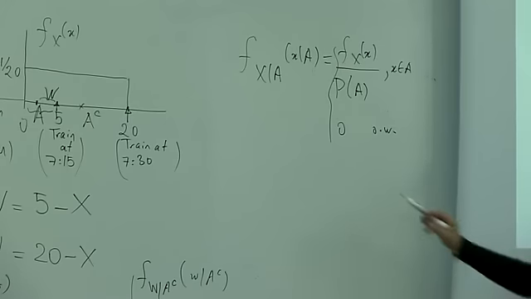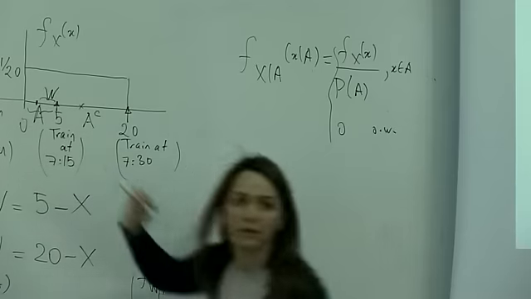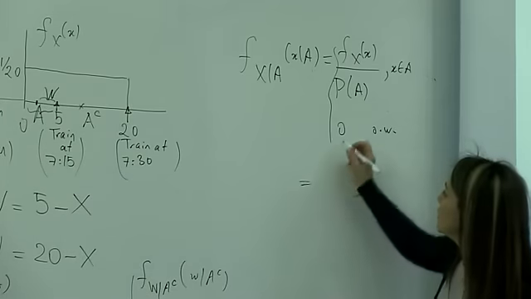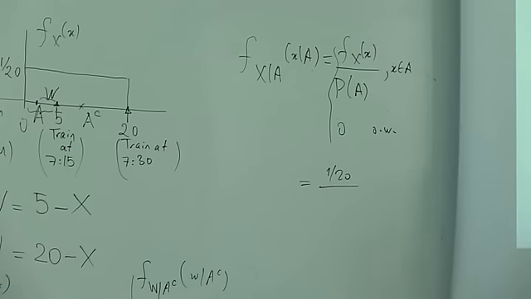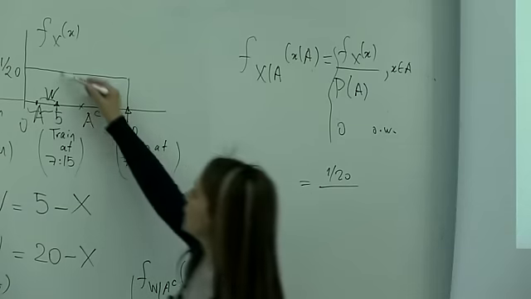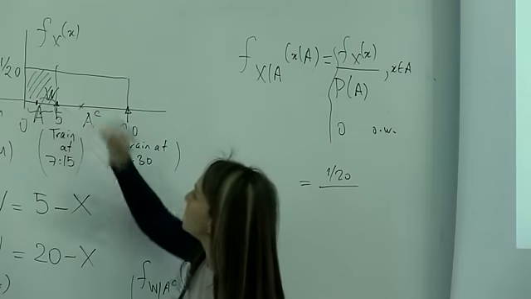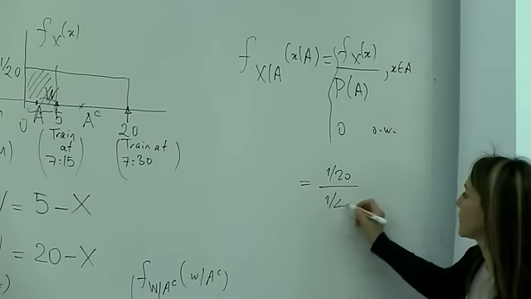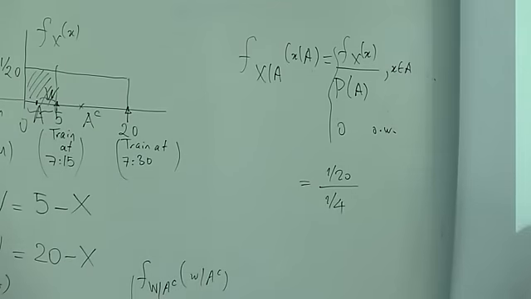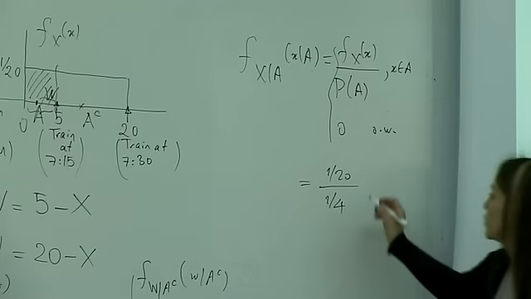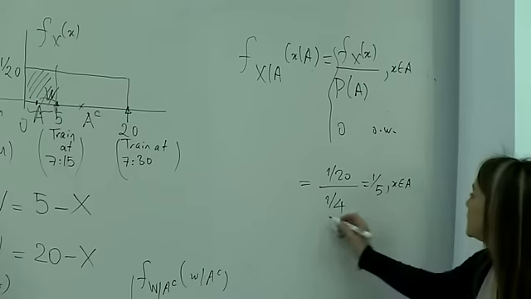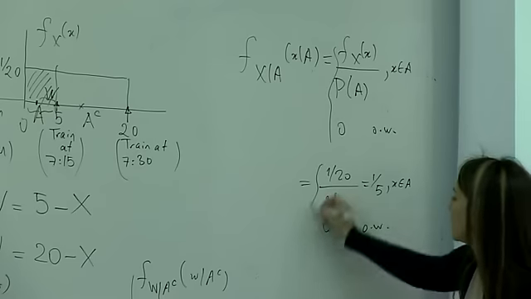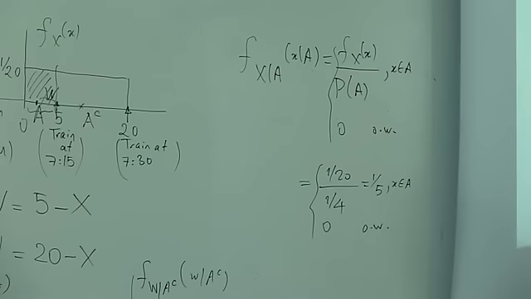It's 1 over 20. So it's 1 over 20 divided by the probability of A. What is the probability of A? It's this area, which is 1 over 4. So 1 over 20 divided by 1 over 4 is 1 over 5, if x is in A and 0 otherwise. Okay?